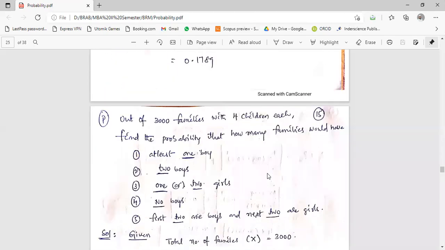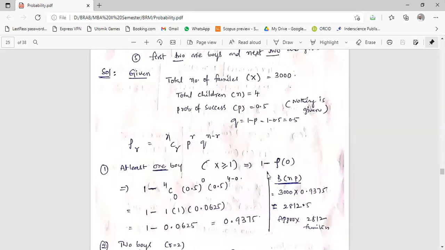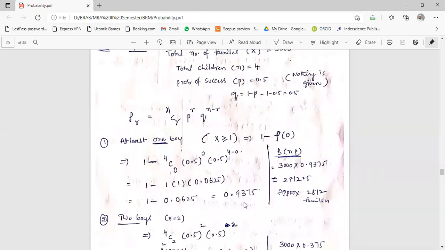Here you just got the probability as 0.9375. But he is asking how many families are there with at least 1 boy. Then you cannot say that the answer is 0.9375, because that is a percentage.